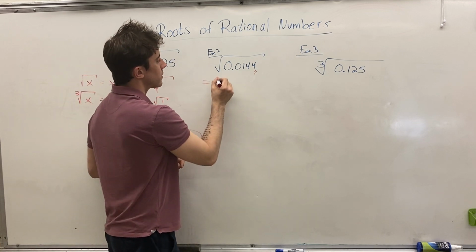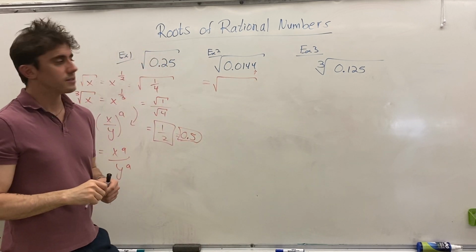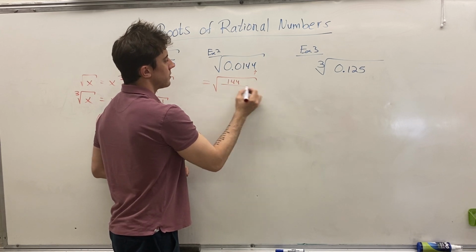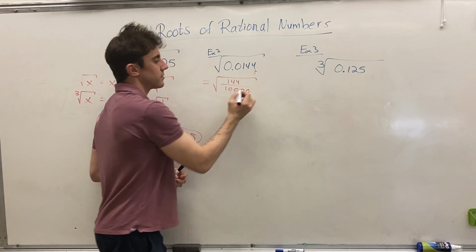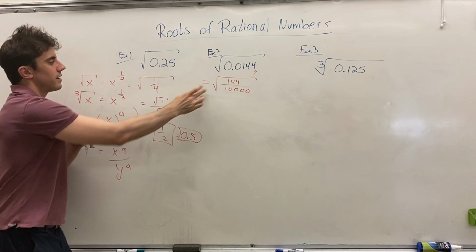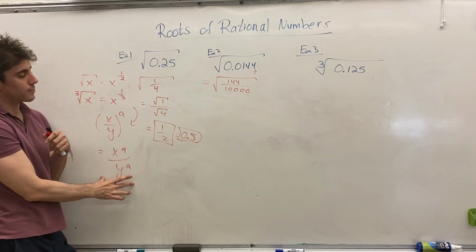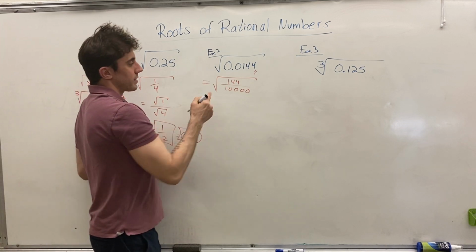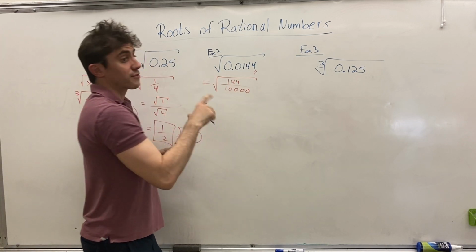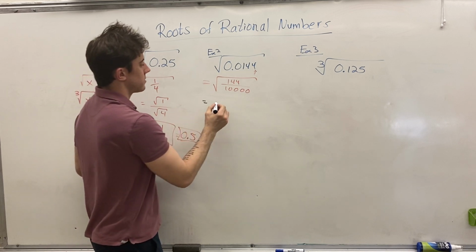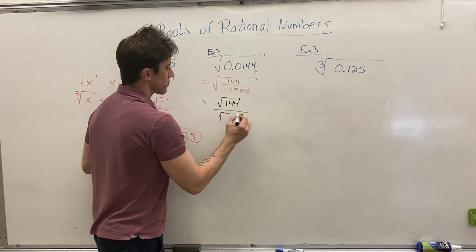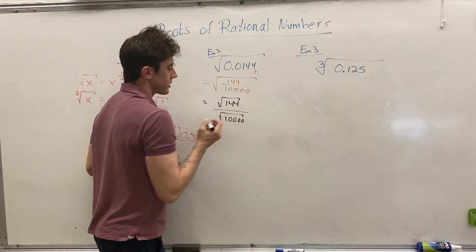And so I'm going to rewrite this root as the square root of 144 10,000ths, okay? And now I'll apply the same exponent law that we used to evaluate example 1. We'll write the square root of this fraction as the fraction of square roots, and so we'll have the square root of 144 in our numerator, and we'll have the square root of 10,000 in our denominator.